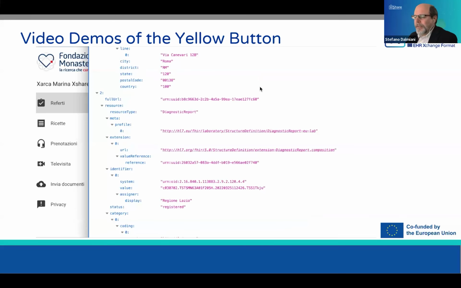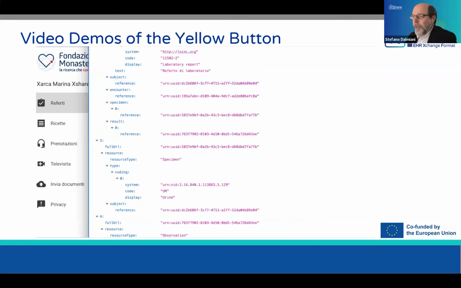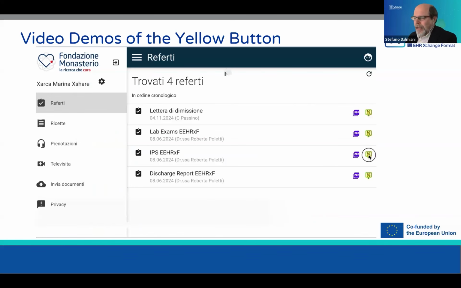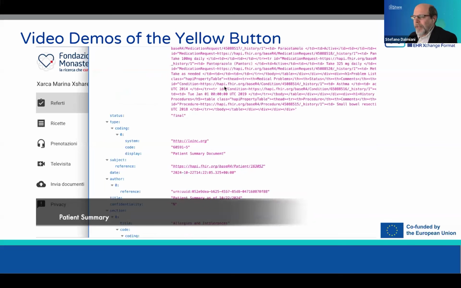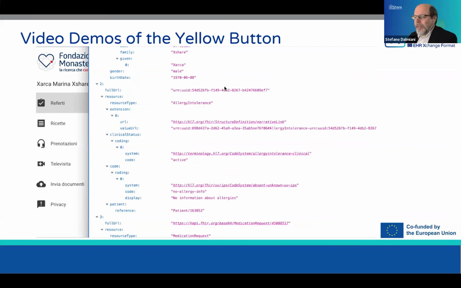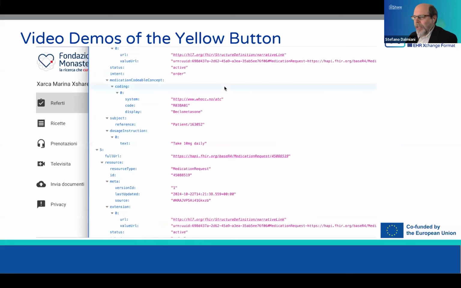And the same thing applies, for example, to the outpatient laboratory report or inpatient laboratory report that is embedded within the patient summary. Here we have an example of the patient summary itself, which essentially represents your clinical status: the most important information that the physician needs to know before taking care of you, your allergies, your current medication.